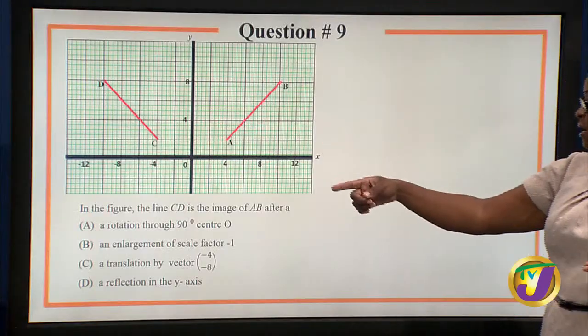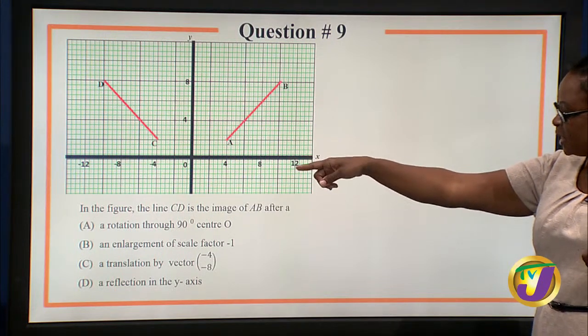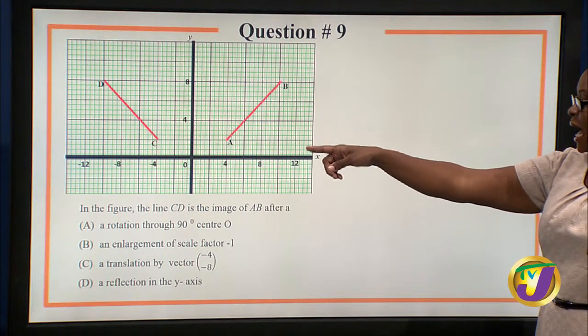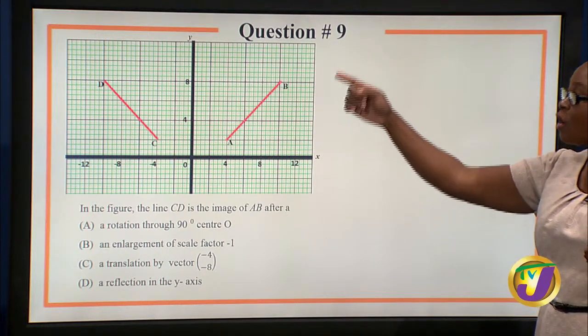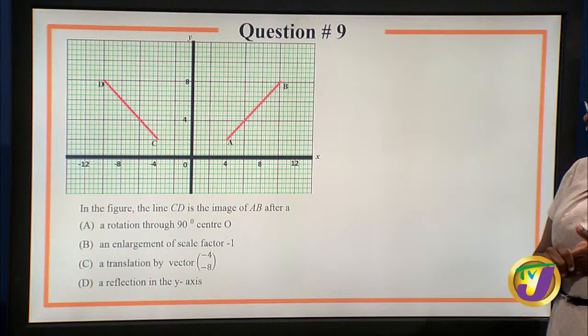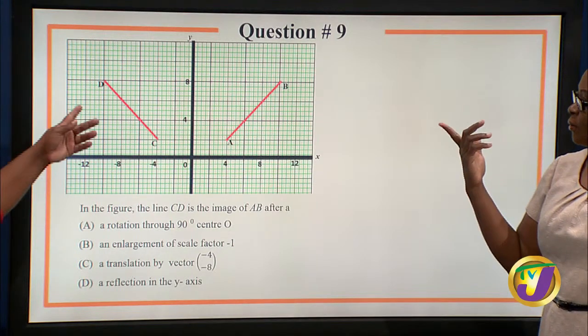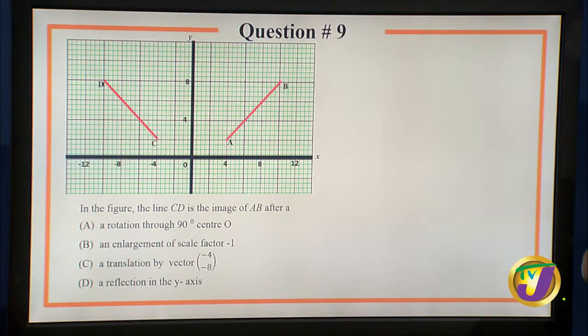Because CD is the image of AB, C is 2 units away from the mirror line, and A is 2 units away from the mirror line in the opposite direction, across the y-axis. So that would be equidistant. We could try it for D as well. D would be 5 units from the mirror line, and B would be the same 5 units from the mirror line. Does the orientation change?